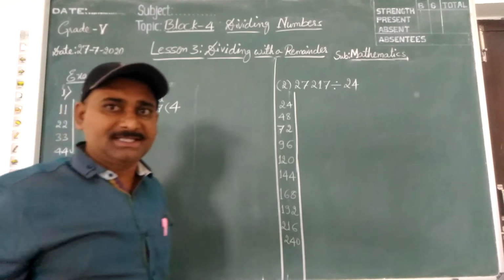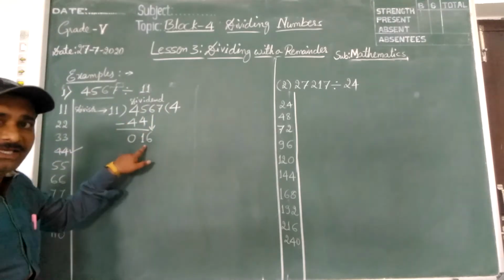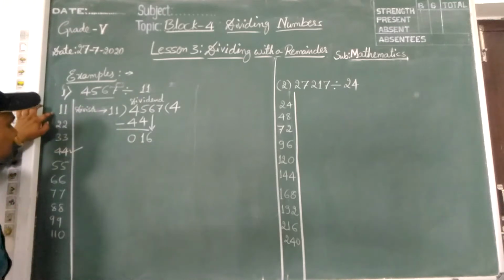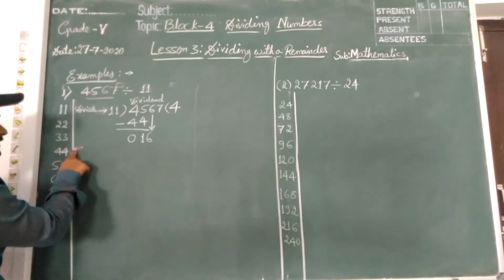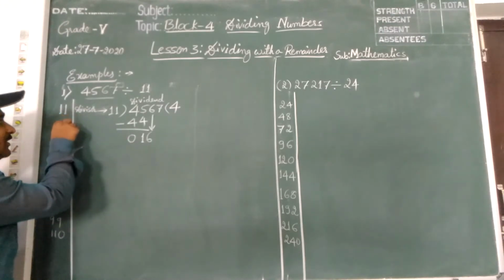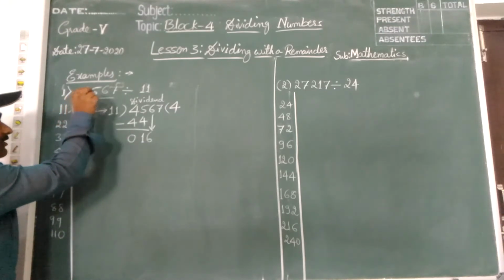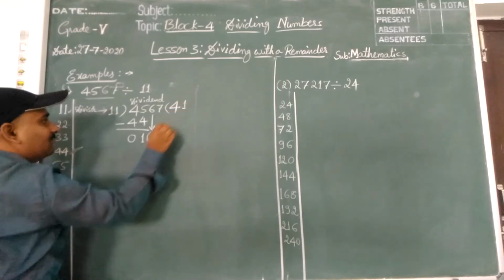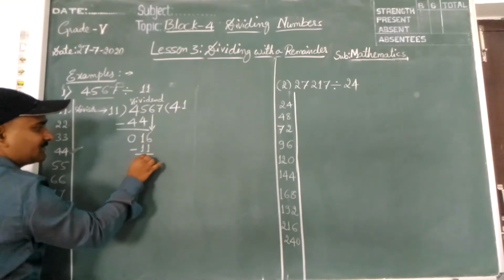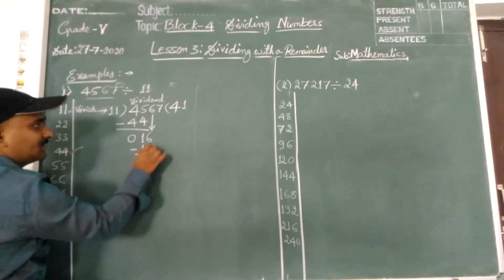Take the next number, that is 6. Now you got 16. Check in the 11th table where you will get 16. I want to take this 22, but it is big. I cannot subtract. So before it, 11 only. 11 1s are 11. Subtract 6 minus 1 is 5. 1 minus 1 is 0.